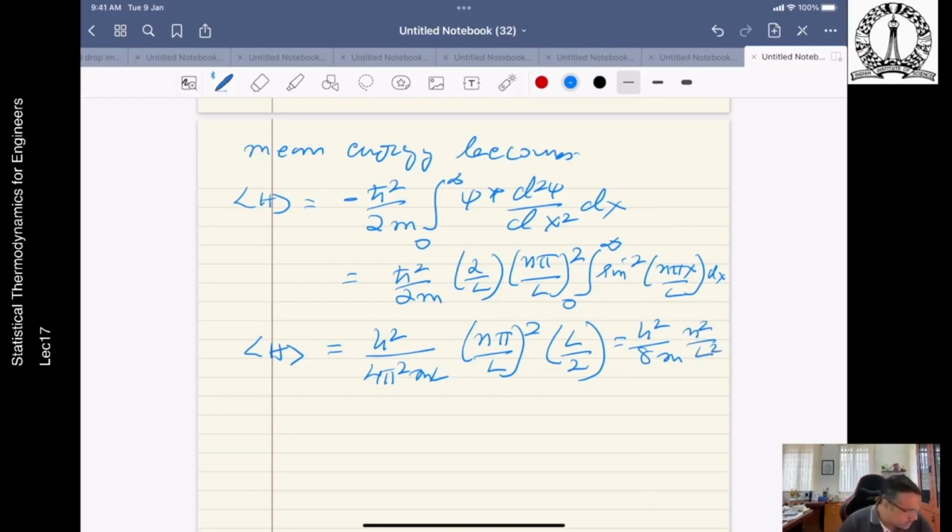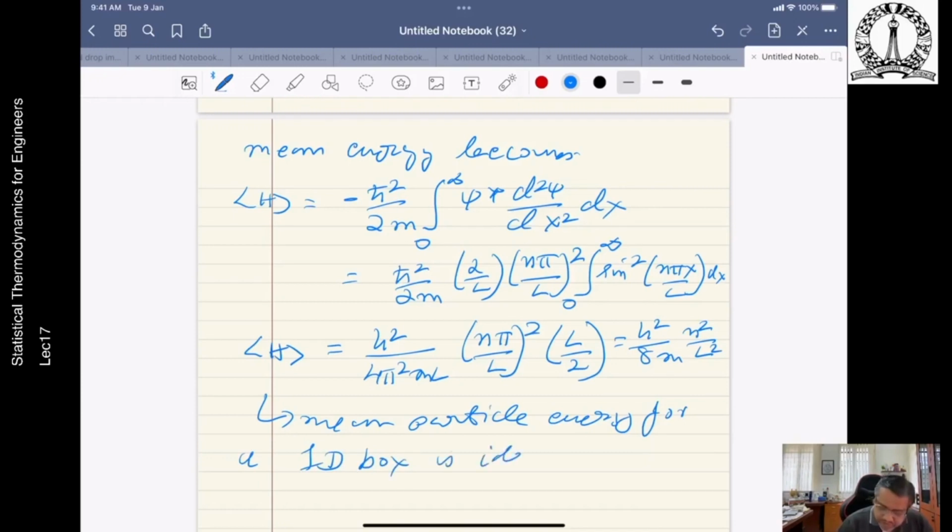So as expected, the mean particle energy for a 1D box is identical to its energy eigenvalue.